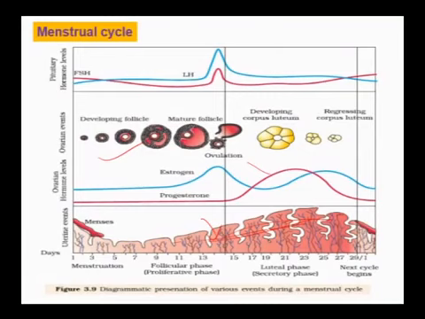This is called implantation of the embryo. If this does not occur by day 28 or so, the wall of the endometrium breaks down and the changes are repeated once again in the ovary to produce another egg. So this cycle of changes that occurs in the female reproductive system during the reproductive phase is called the menstrual cycle.